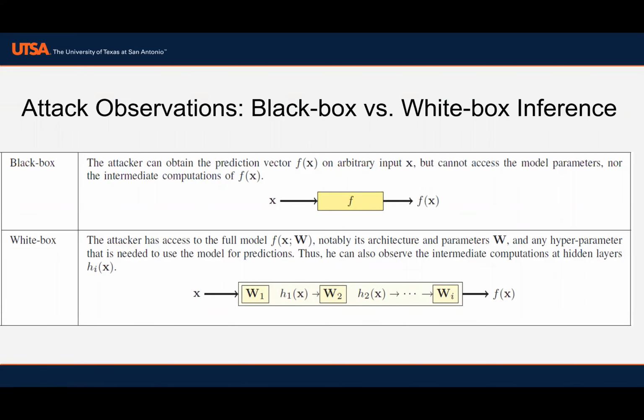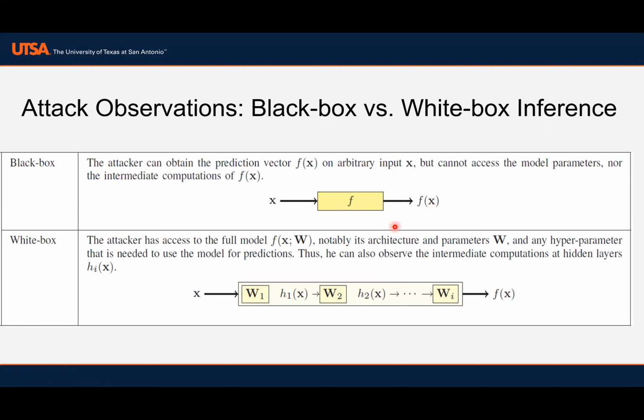For the attack observations, there are 2 inference methods. The first one is black box inference. For the black box inference, the attacker can obtain the prediction on arbitrary input, but he cannot access the model parameters.